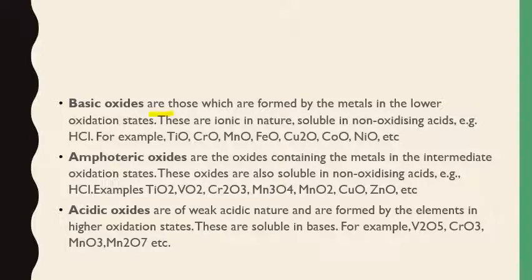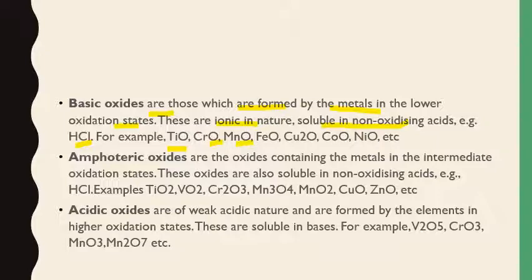The basic oxides are those oxides which are formed by the metals in the lower oxidation states. These are ionic in nature and soluble in non-oxidizing acids like hydrochloric acid. Examples of basic oxides are titanium oxide, chromium oxide, manganese oxide.